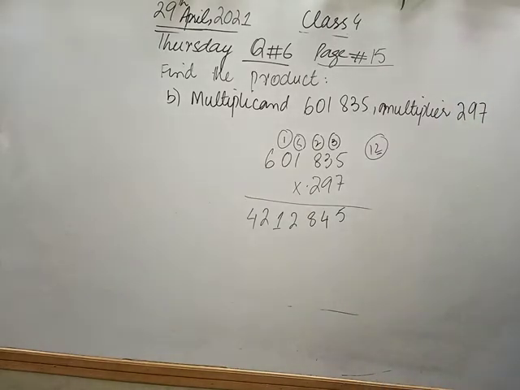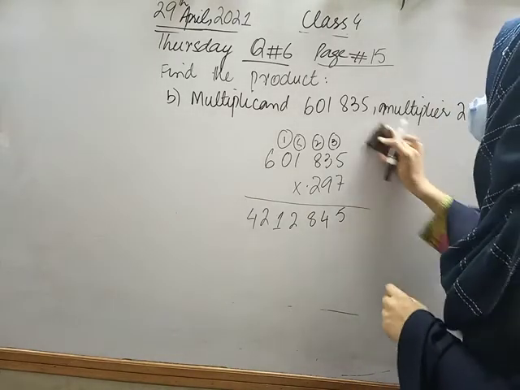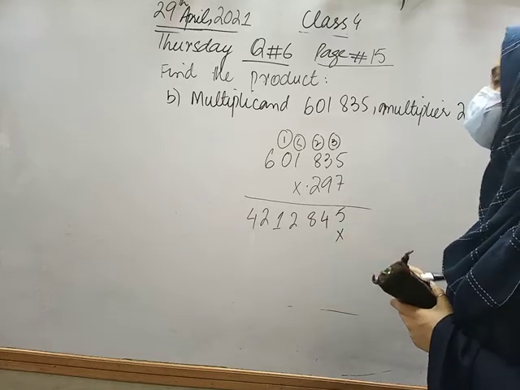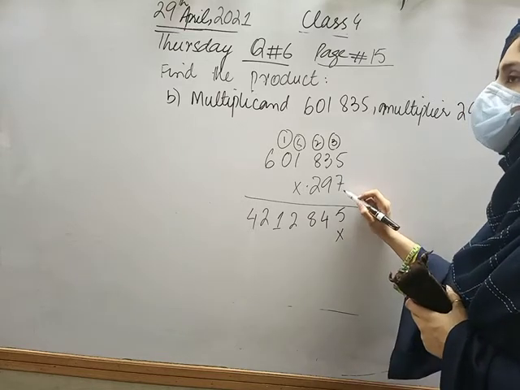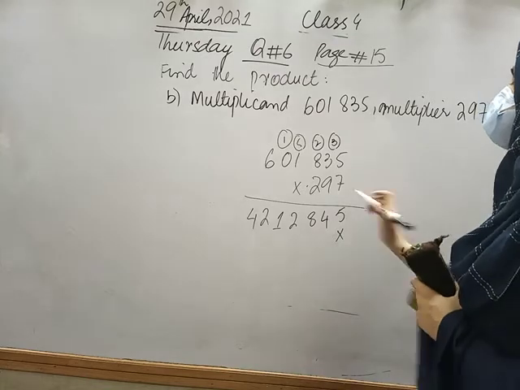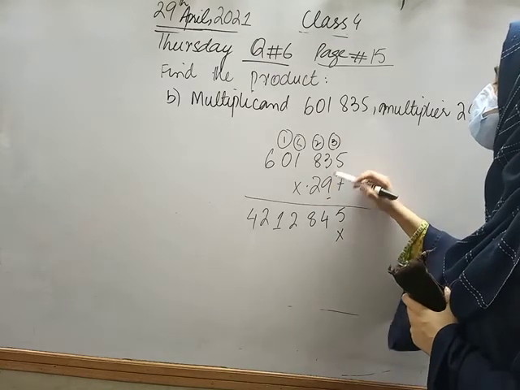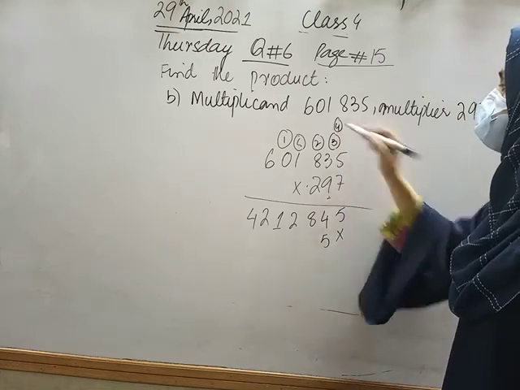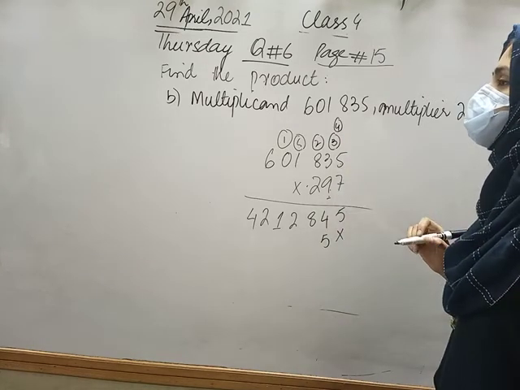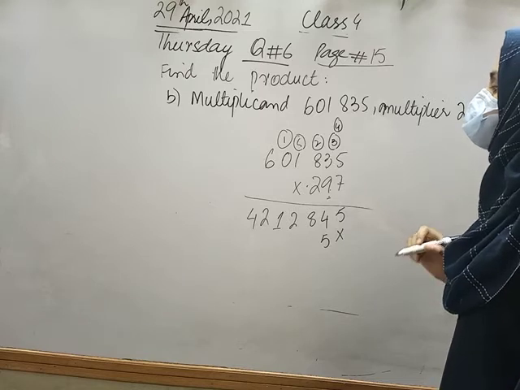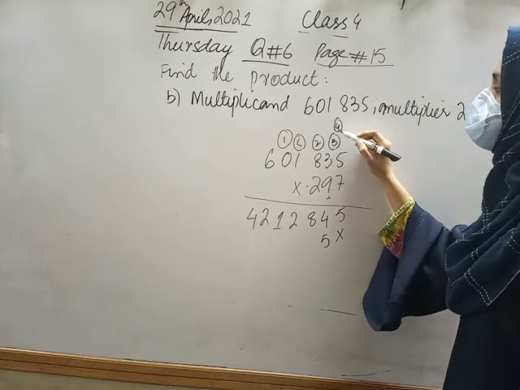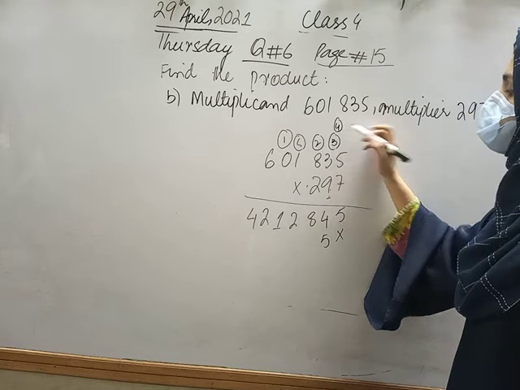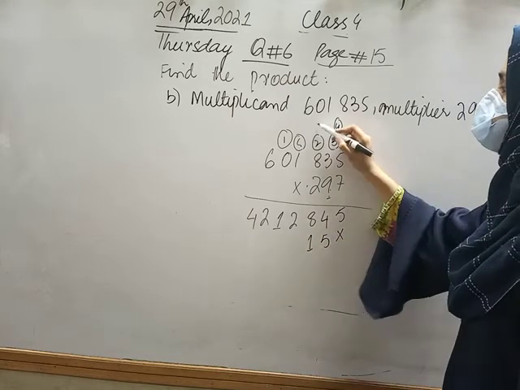Okay class? Now I will write a multiplication sign because I am done with the 1 digit number. Now multiplying this 9 with the whole number: 9 5 times 45, 4 as a carry. 9 3 times 27, 27 plus 4 is 31.